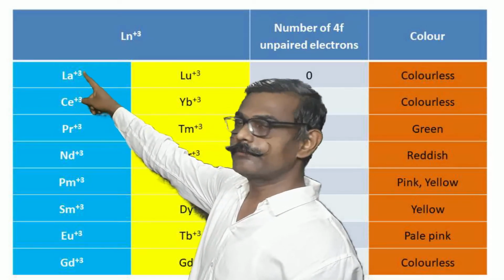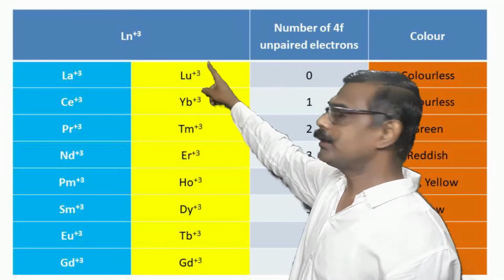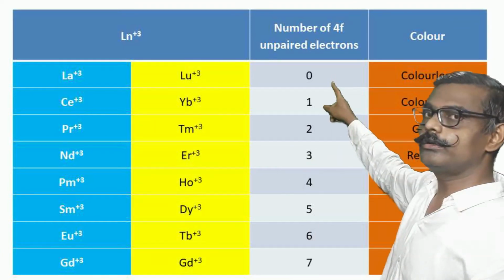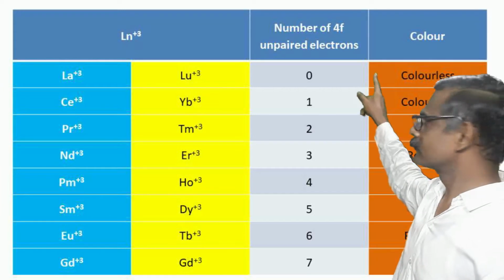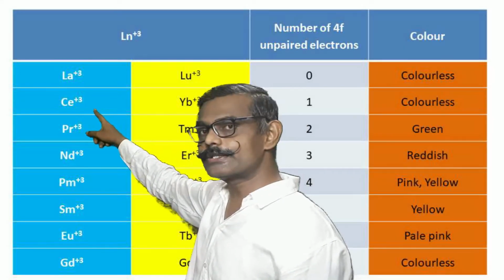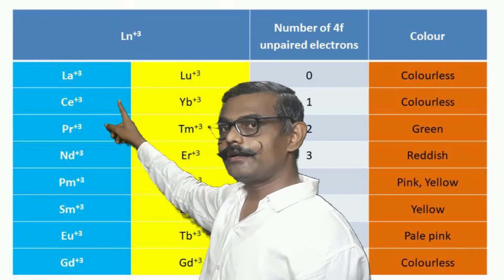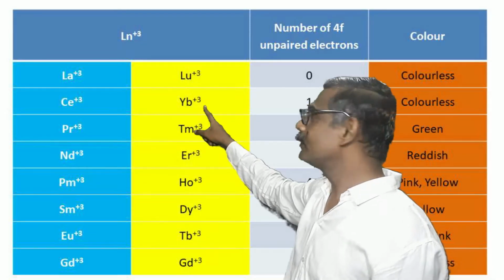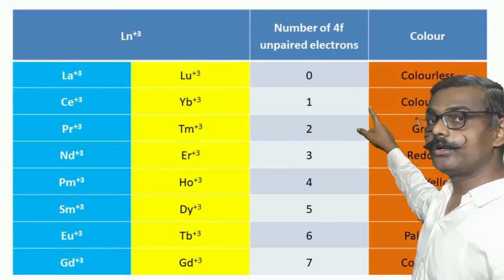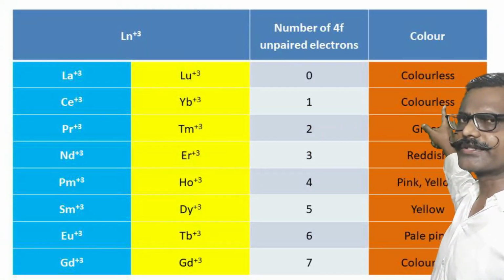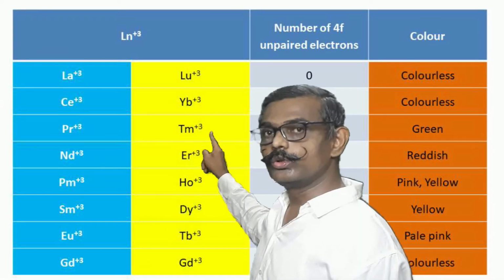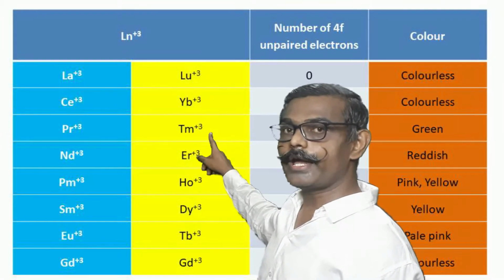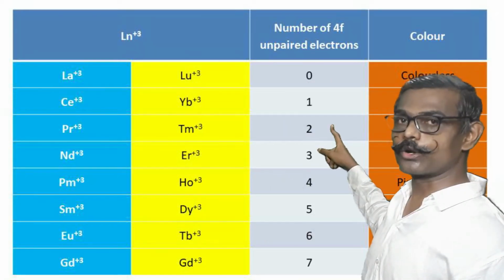Lanthanum plus 3 and lutetium plus 3, 0 unpaired electrons, both are colorless. Cerium plus 3 and ytterbium plus 3, 1 unpaired electron, both are colorless. Praseodymium plus 3 and thulium plus 3 both have 2 unpaired electrons.